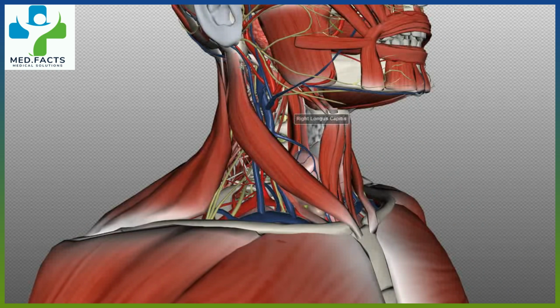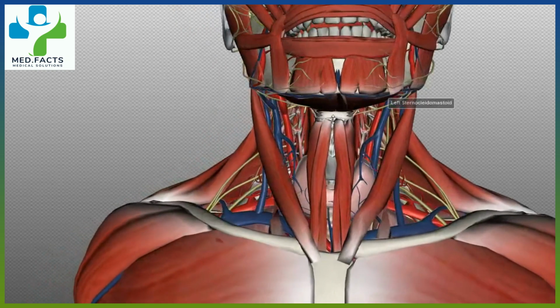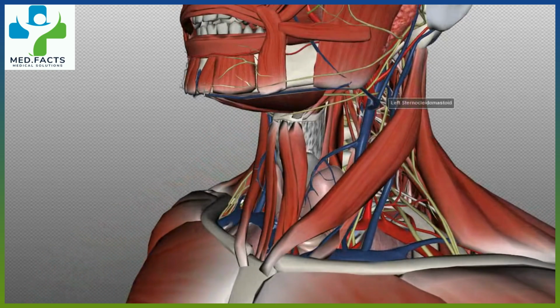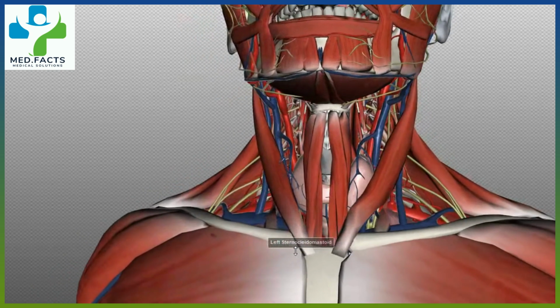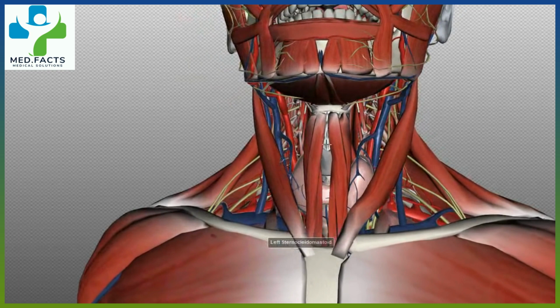So the triangle is this here. You've got the inferior surface of the mandible forming the superior border, the anterior border of the sternocleidomastoid forming the lateral border, and the midline of the neck, which runs right down here, forms the medial border. So that's the anterior triangle of the neck.